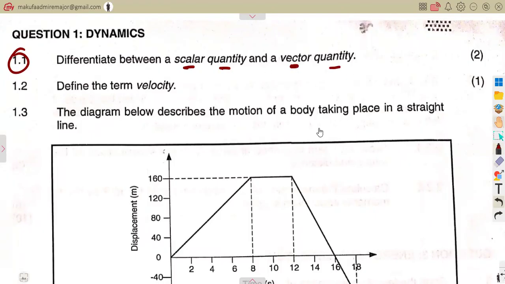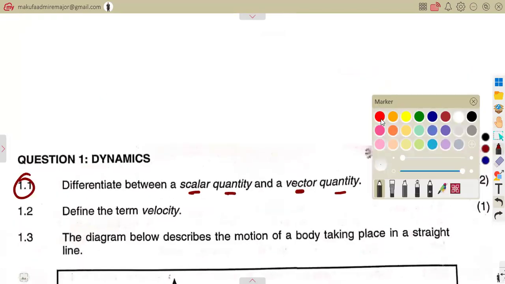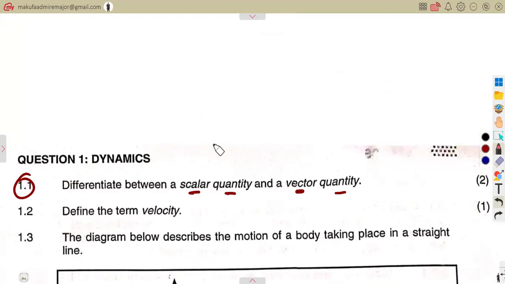This is a repetition of a question that is always like that, and you have to know this.